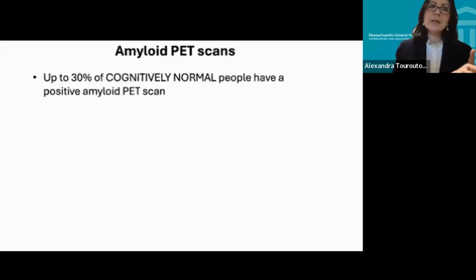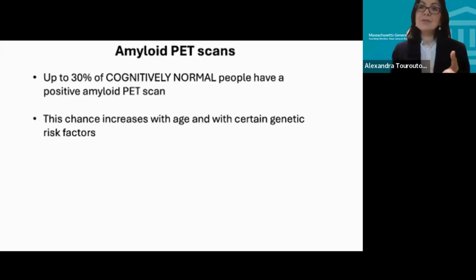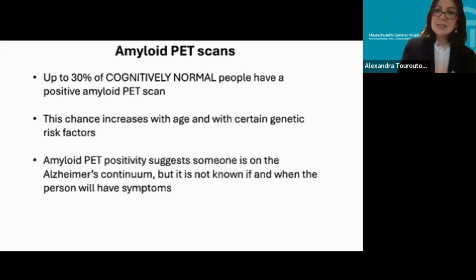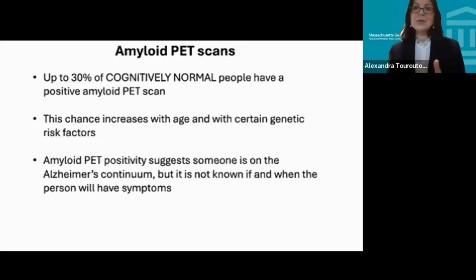I want to mention that up to 30% of cognitively normal people may have a positive amyloid PET scan. So a positive amyloid scan does not necessarily mean that you will have Alzheimer's disease or when the person will have symptoms. You may have amyloid plaques in your brain, but not develop symptoms.